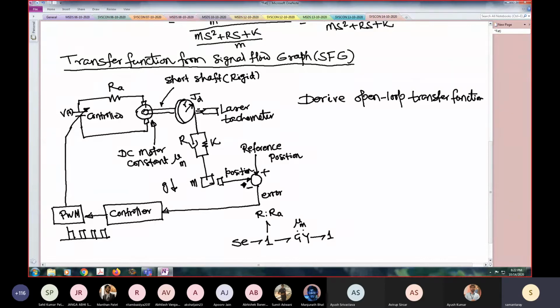Then you have one theta dot, that is the angular velocity. This is current. This is voltage. I is rotary inertia of the disc. Then a transformer, that is radius of that pulley.